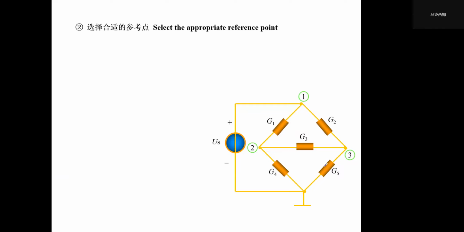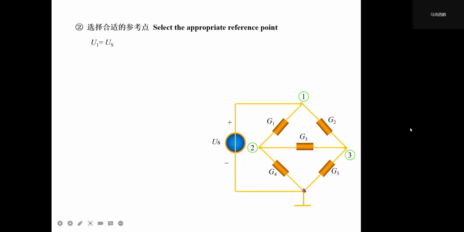Also, we can select an appropriate reference point. See, if we choose this point to be the ground point, that leaves us 3 nodes above to list the KCL equations.